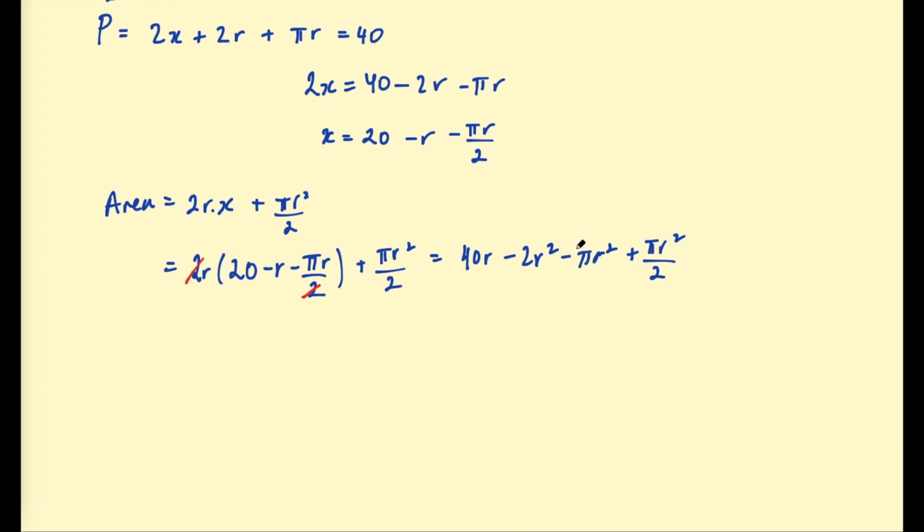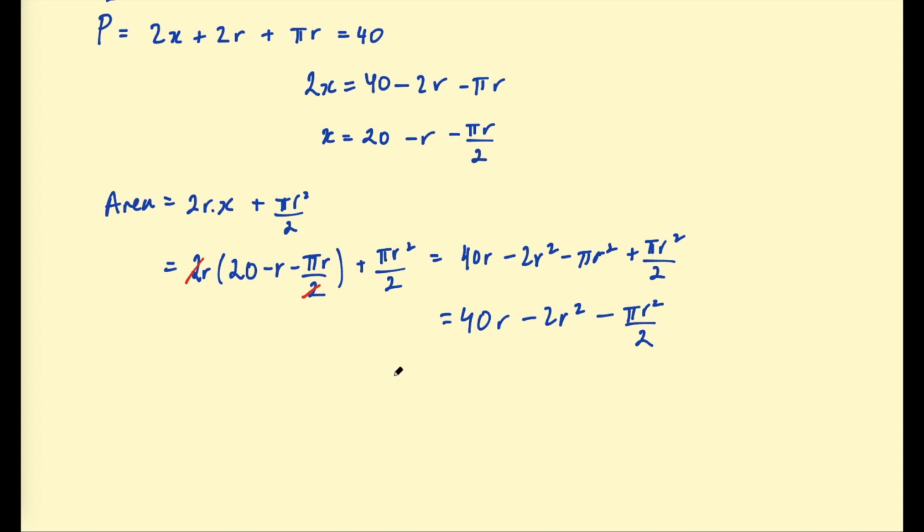So this is like -1 plus a half, right? Negative pi r squared plus pi r squared on 2. So we can write it as 40r take 2r squared, subtract pi r squared on 2. So -1 plus a half is -a half. Okay, so now we have an expression for the area all in terms of r, and we can differentiate this.